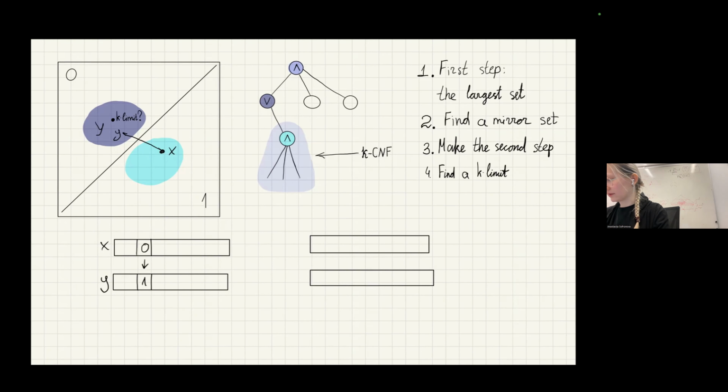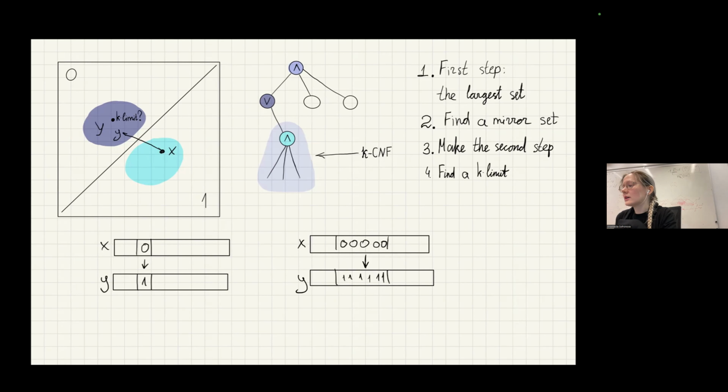So here's x, and I want to flip several bits now. Let me just draw them all zeros. Maybe here they're all ones. So if I could do these flips with several bits, I would give myself more flexibility in reaching this target set.